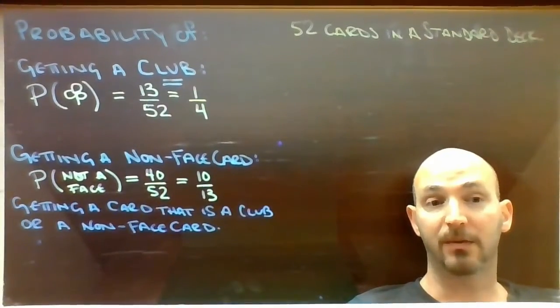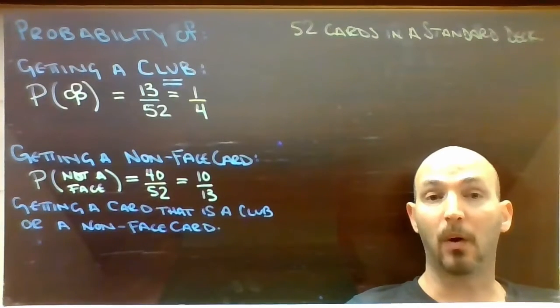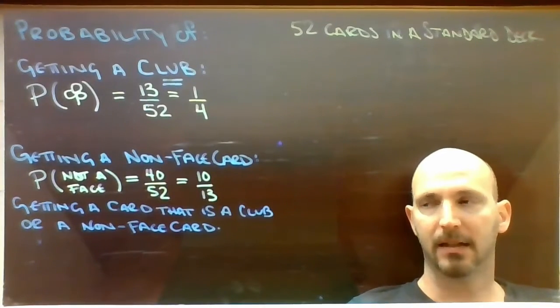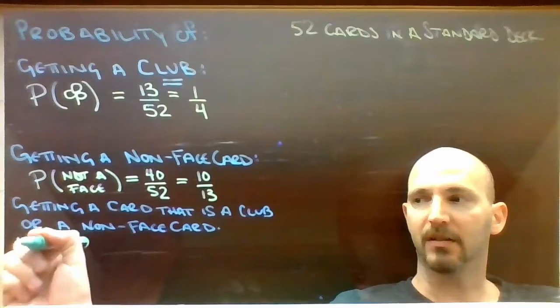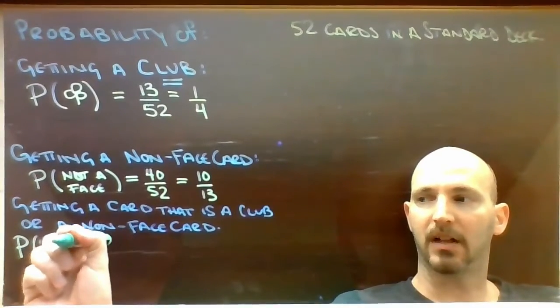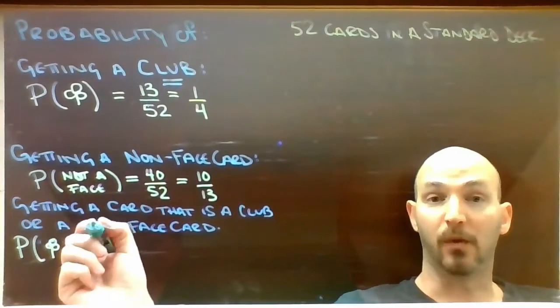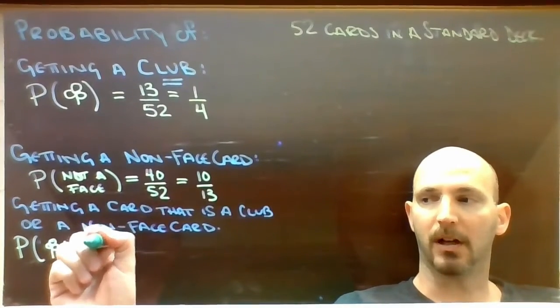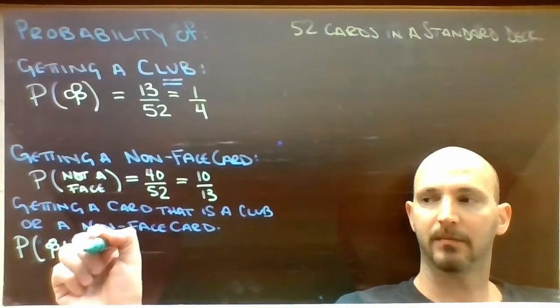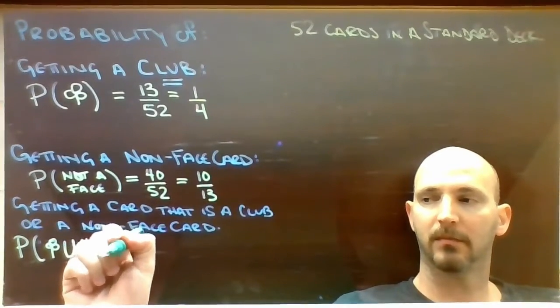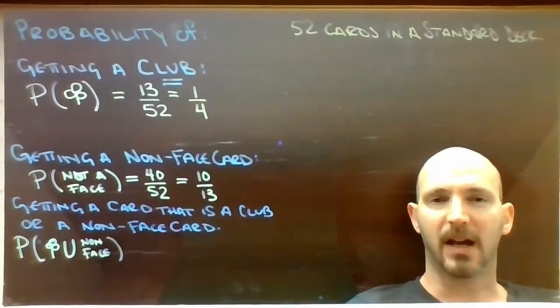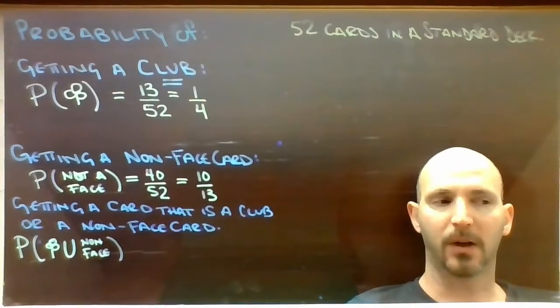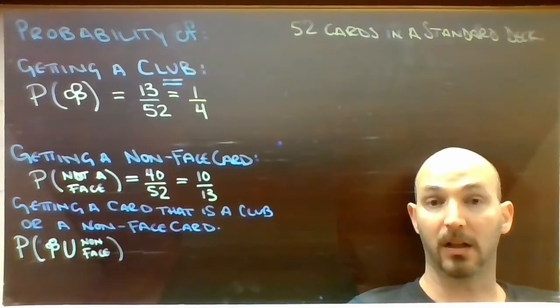So, trying to do the probability of a card that is a club or a face card, if you start thinking about that, in our notation, the probability of a club, the symbol for or is the union, or non-face. You think back to the Venn diagram on the other side, that would include all the cards that are clubs.